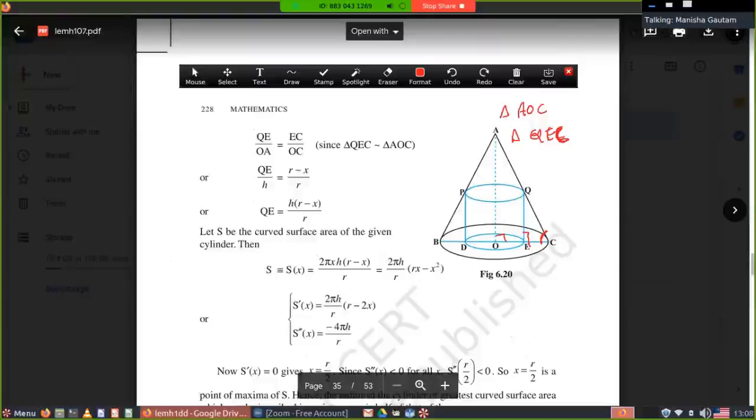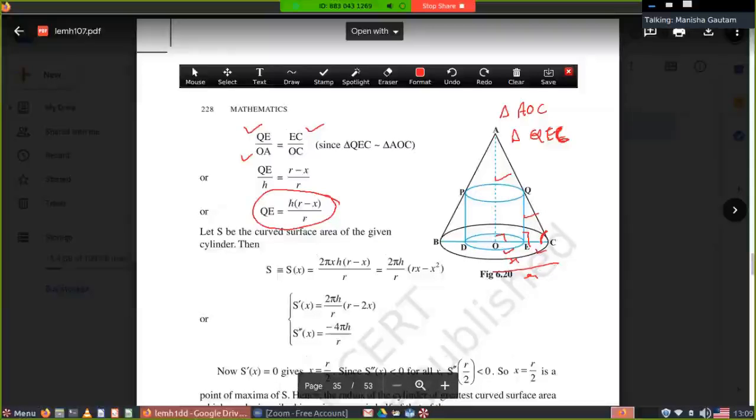It means by the angle property, the triangles are similar. If triangles are similar, their sides are proportional. So you can write QE upon OA equals EC upon OC. OC is the radius and EC is a part of the radius. If OE is X and OC is R, then EC is R minus X. Put the values.